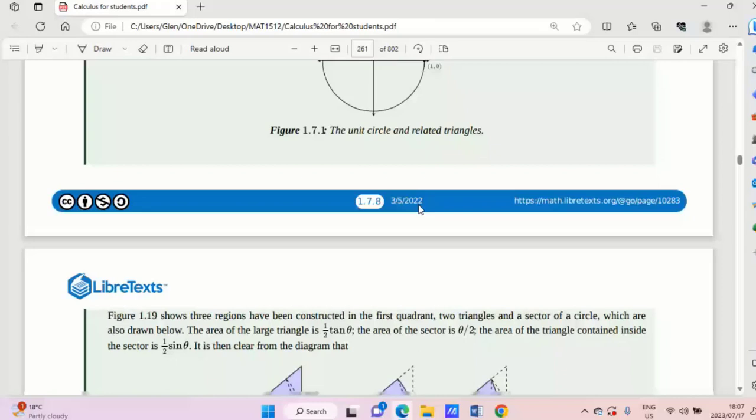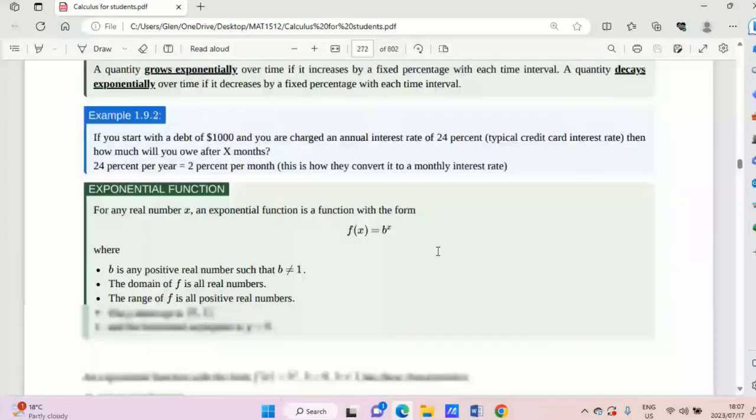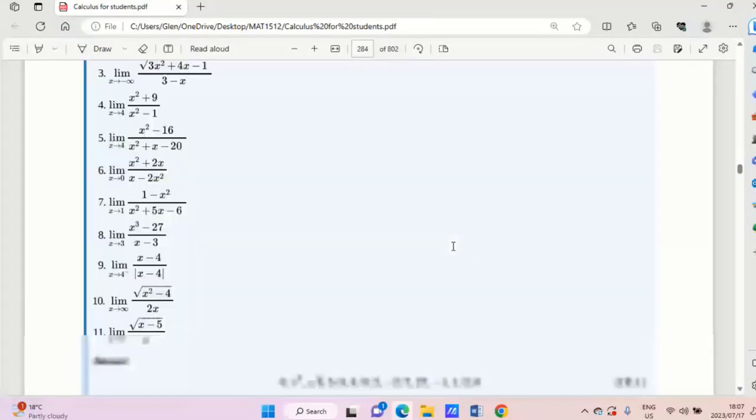That's where we are going. We'll be there, don't worry. We are almost there.